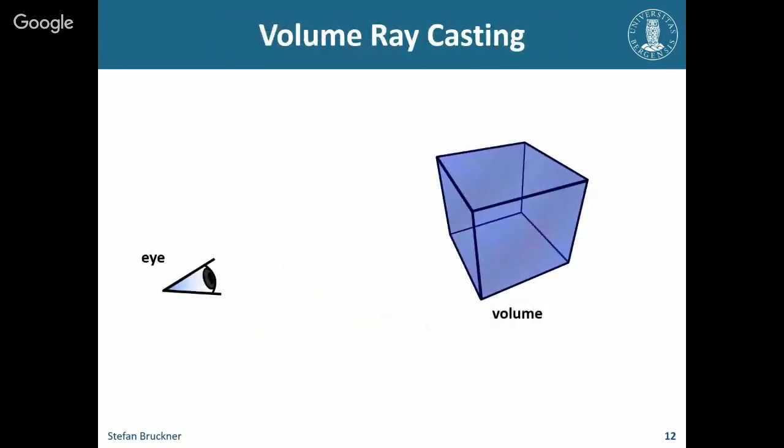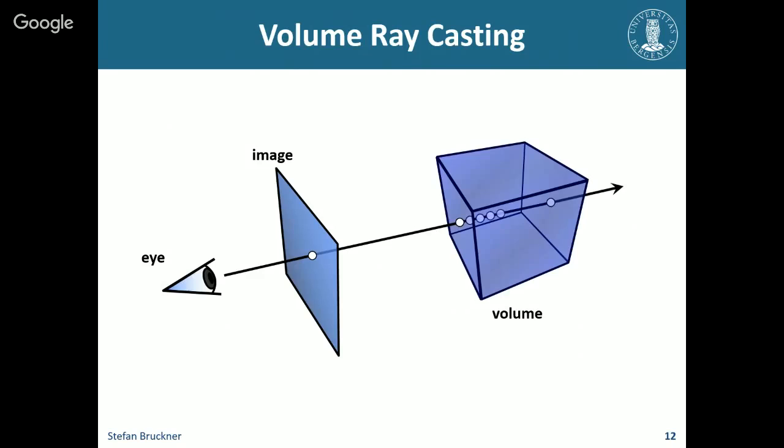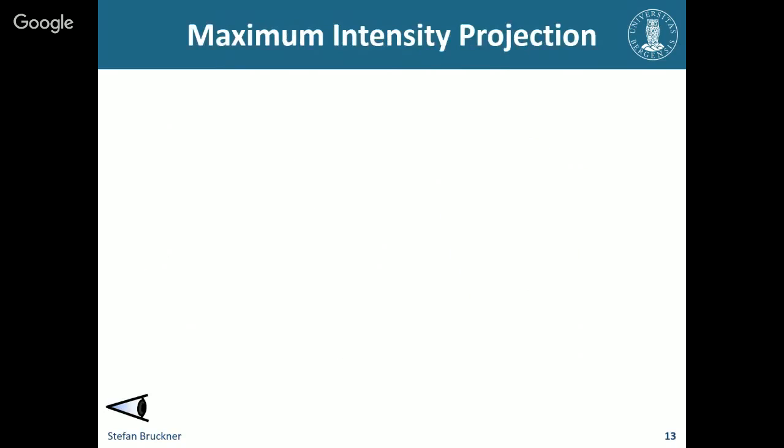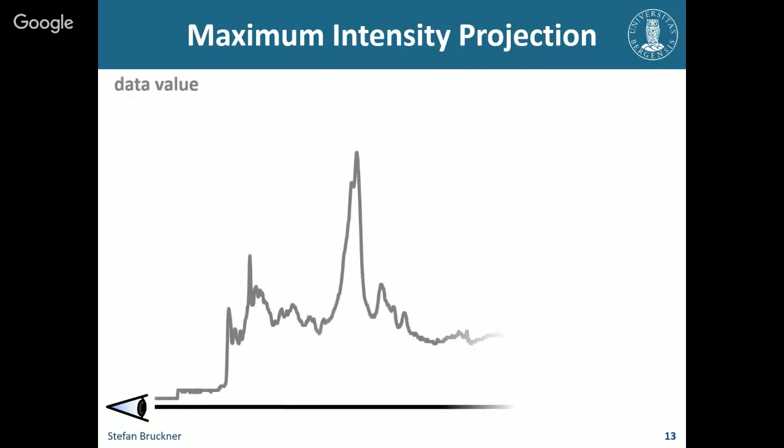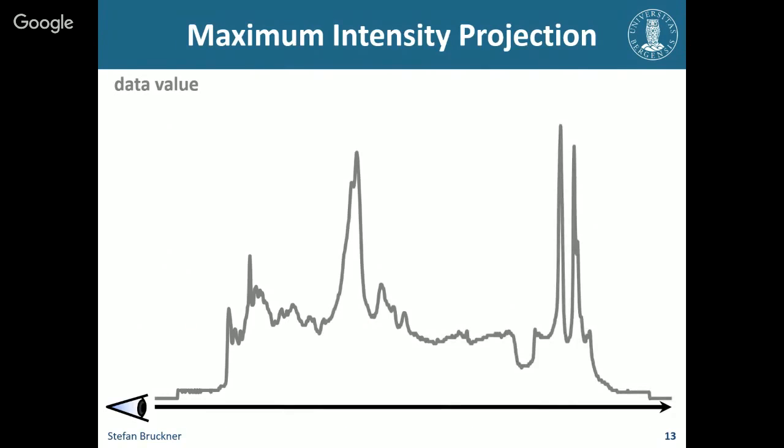So, just to set the scenario, the way that these images are typically computed is to use volume raycasting, where we're simply sending viewing rays through each pixel and sampling the volume at discrete locations. Now, the data value profile that we will encounter along one viewing ray may look something like this.